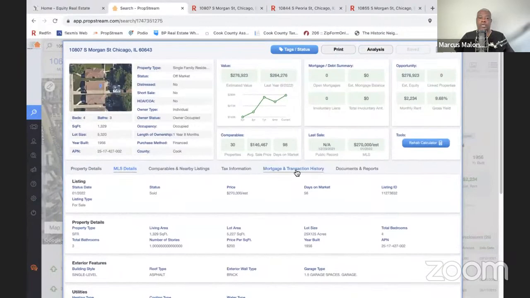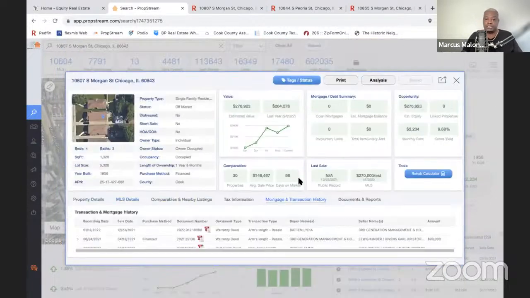We can look at the mortgage details. We can see that she bought this property from Third Generation Management and Holding right before Christmas 2021. And that's about all it's given us for right now on this property.